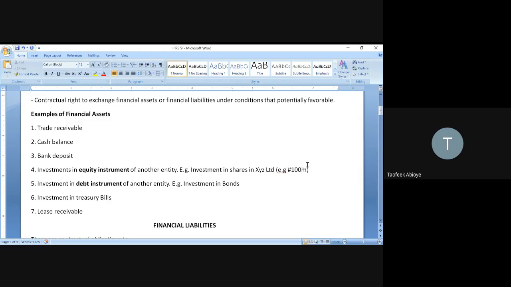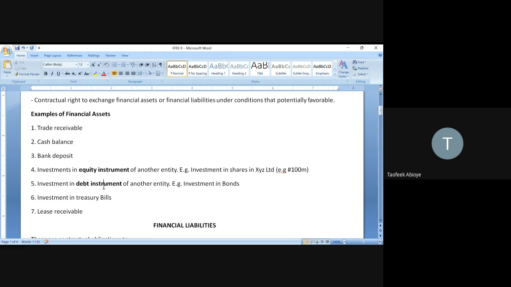So this 100 million naira, if you did not sell these shares, it can vanish. So the only thing you are entitled to is dividend. And that dividend depends on the profitability position of the company. That is the equity instrument.